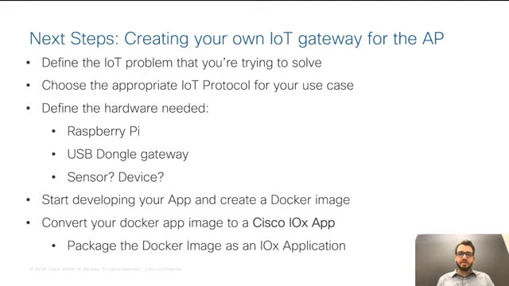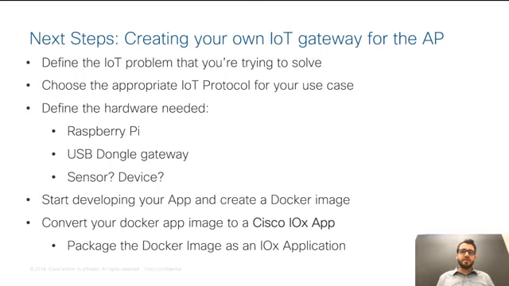Then comes, I believe, the fun part: starting to develop your own application. Now, it's the logic, it's coding and creating your app, testing it out, and creating a Docker image and seeing if that runs on the Raspberry Pi. And then in the end, you're going to start thinking about how to run that on a Cisco access point.